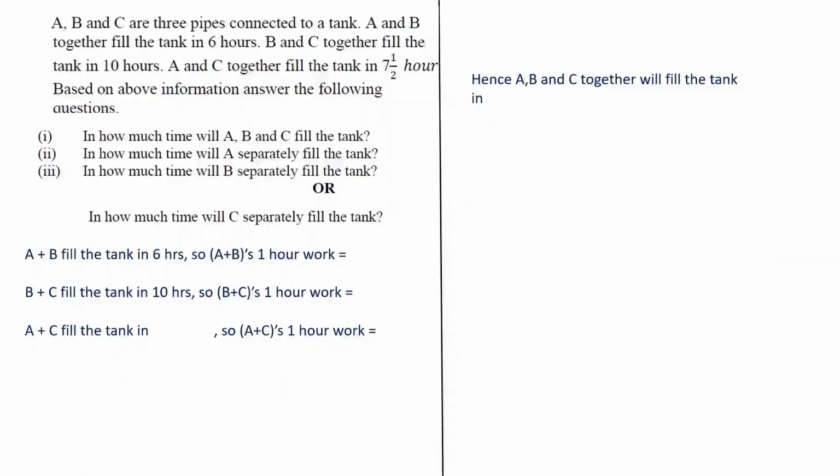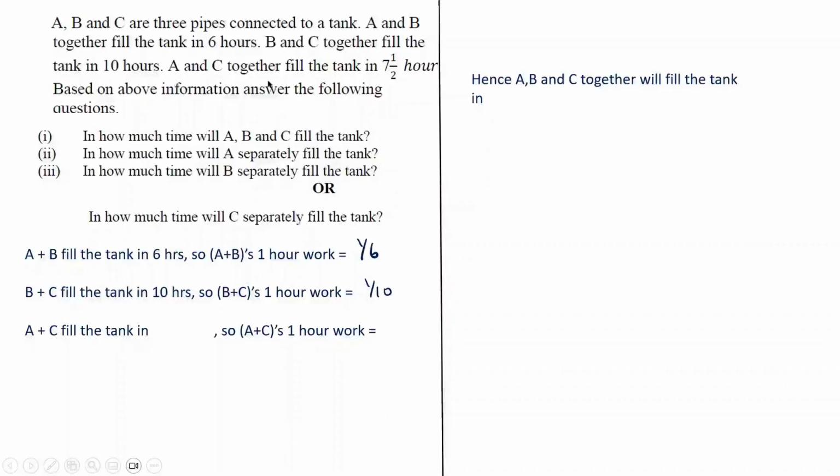Now, here it is given A and B together fill the tank in 6 hours. So A plus B fill the tank in 6 hours. As a result, A plus B's 1 hour work will be 1 by 6. And next, B and C together fill the tank in 10 hours. So B plus C's 1 hour work will be 1 by 10.